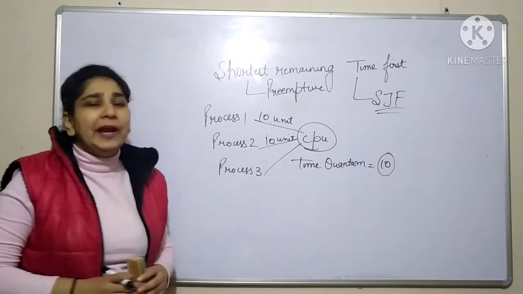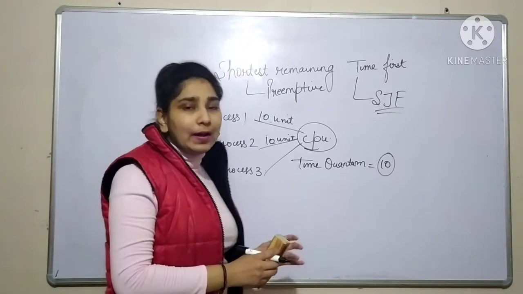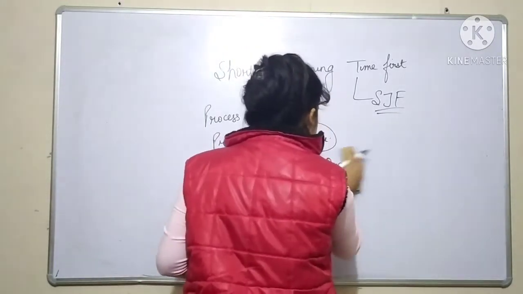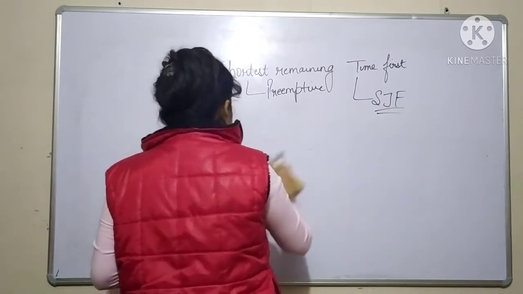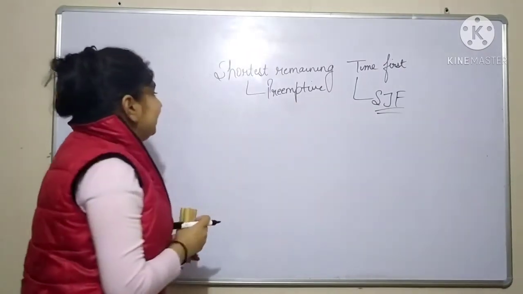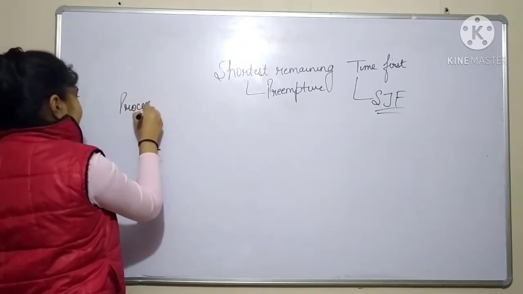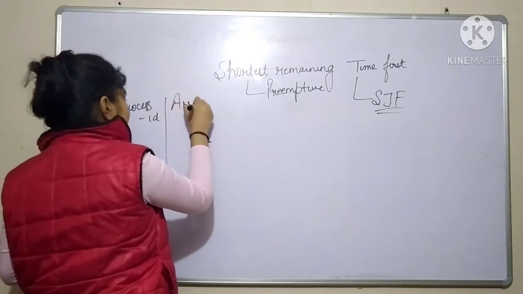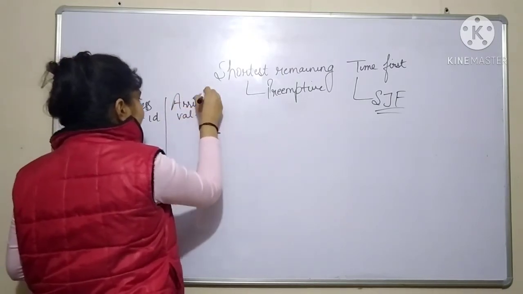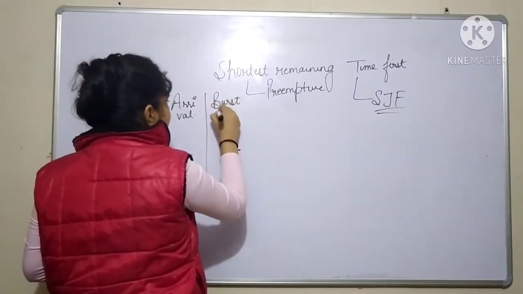Now let me check the performance of this algorithm. Let's take one example. Let's suppose we have a process ID, an arrival time, and a CPU time or burst time.